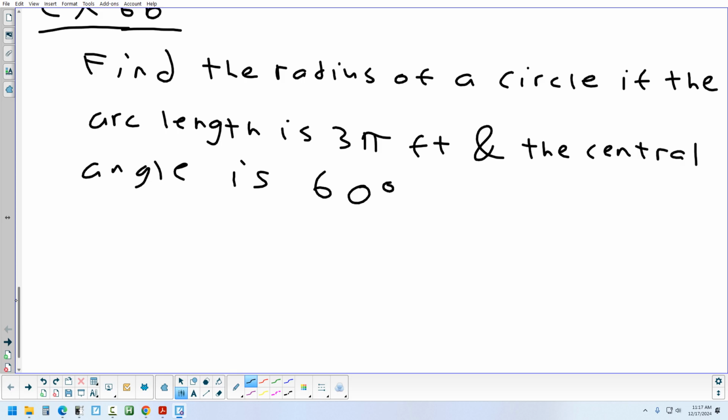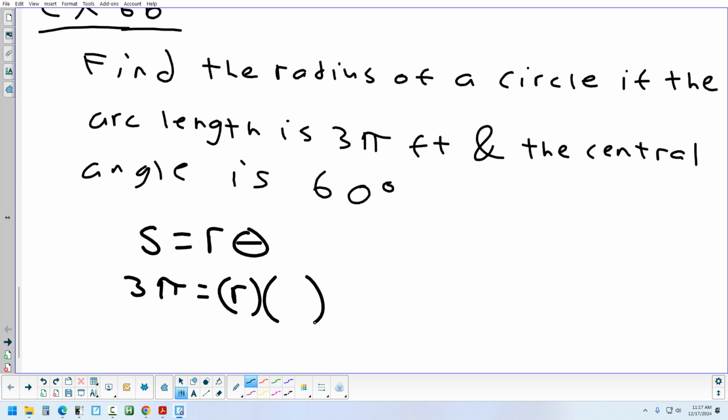S equals r theta. Let's start with S. Did they give me S? Yes. What did they give me this time? 3 pi. Did they give me r? No, that's the question. Find the radius.